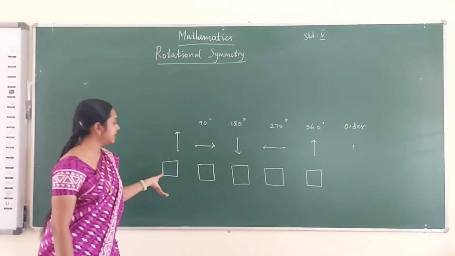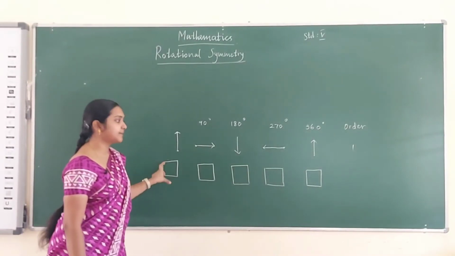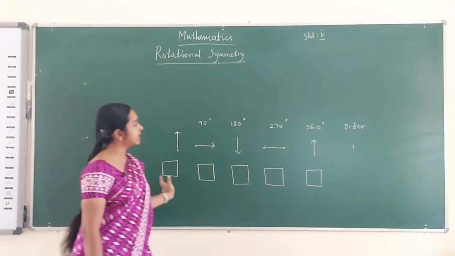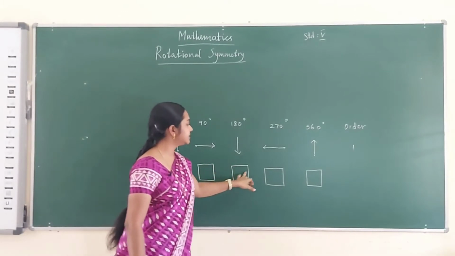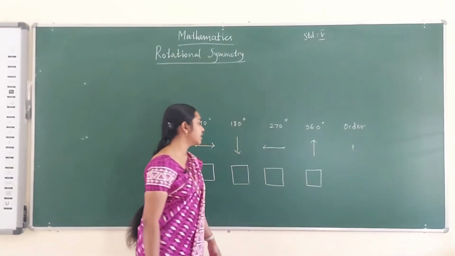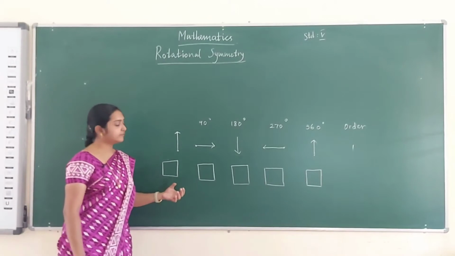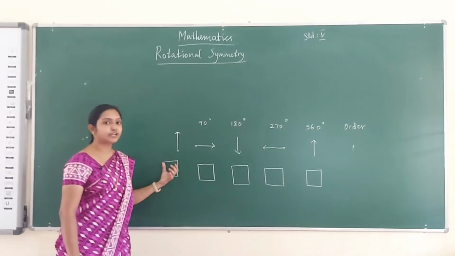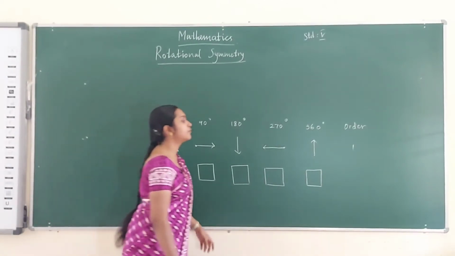Even if we rotate the square through its complete rotation, it looks the same at 90 degrees, 180 degrees, 270 degrees and 360 degrees. So the order of rotational symmetry of a square is 4.